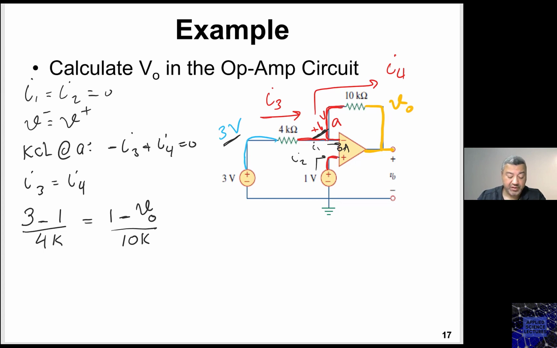We call that VA, and the red node is V minus, and this one is V plus.